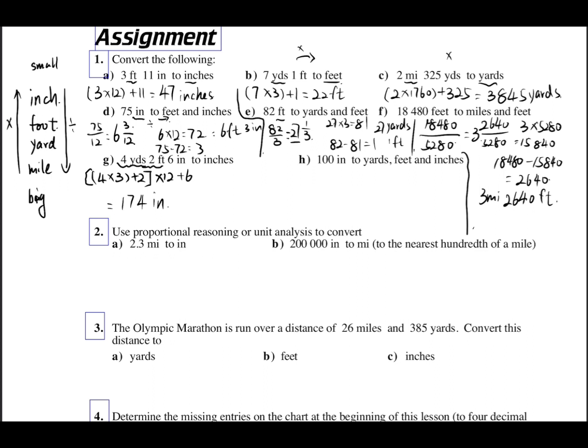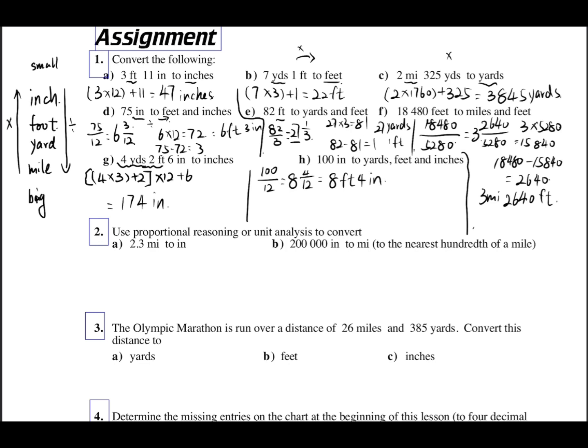And for H, it's inches to yards, feet, and inches. So the first one, we use 100 inches and change into feet and divide by 12. So it's 8 and 4 over 12. So it's 8 feet and 4 inches.